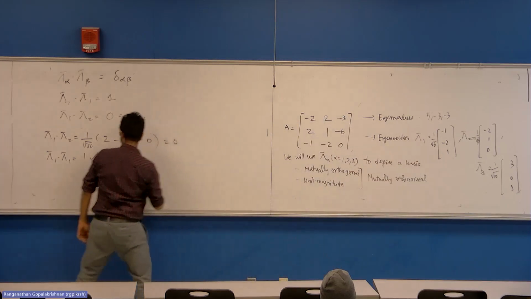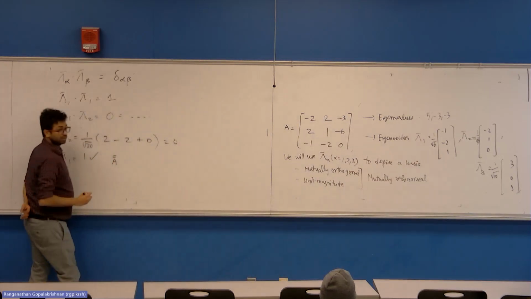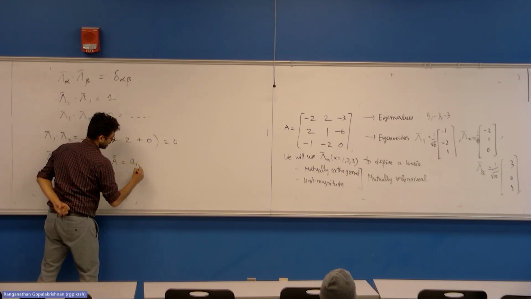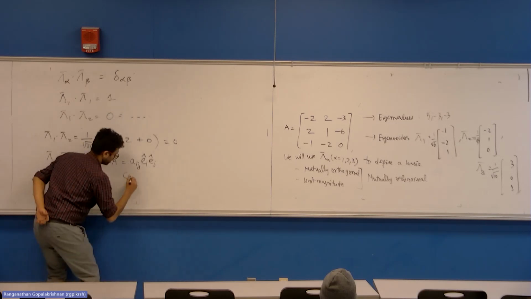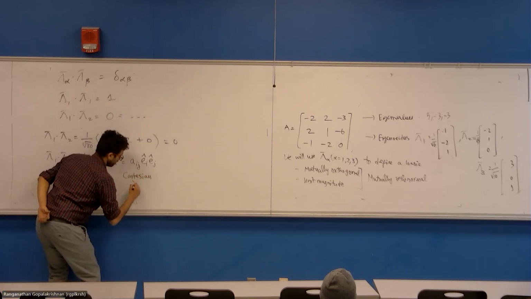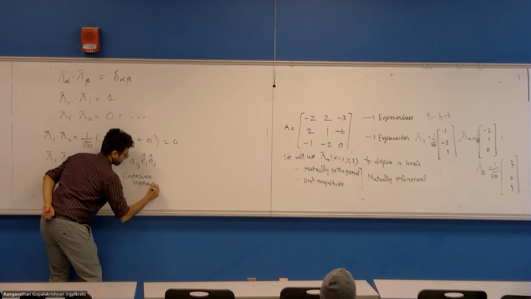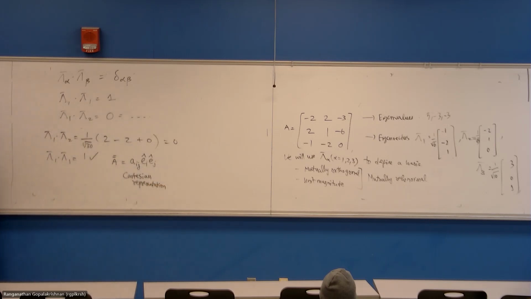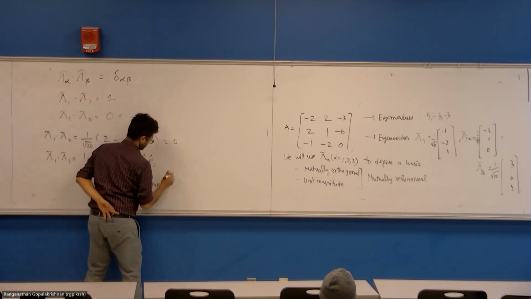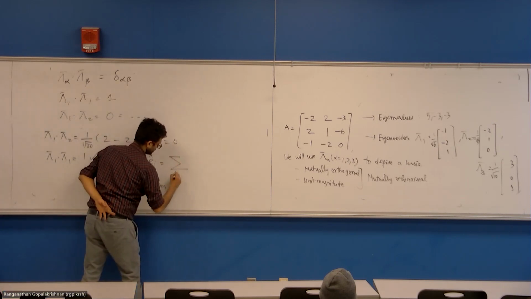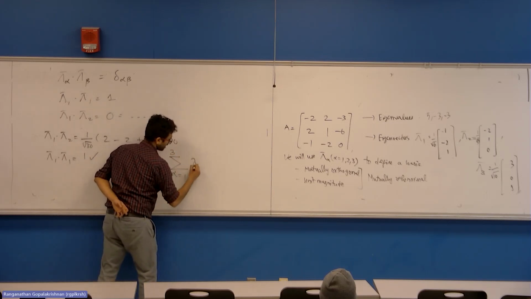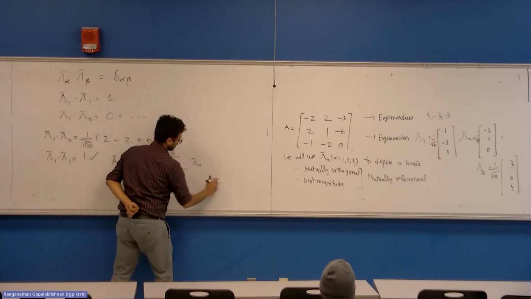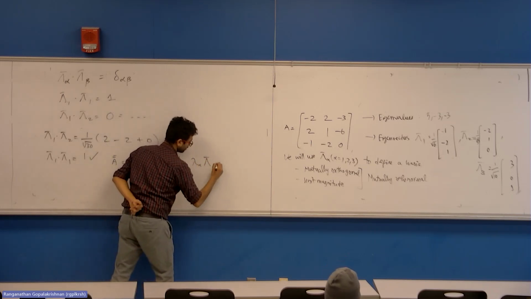So you can write tensor A as A_ij times e_i e_j, that is the Cartesian representation. You can also write this as the summation, alpha equals 1 to 3, of lambda alpha, the eigenvalue, multiplied by gamma alpha gamma alpha.